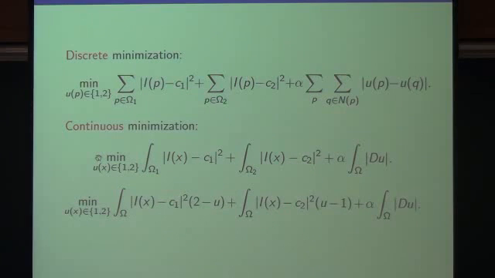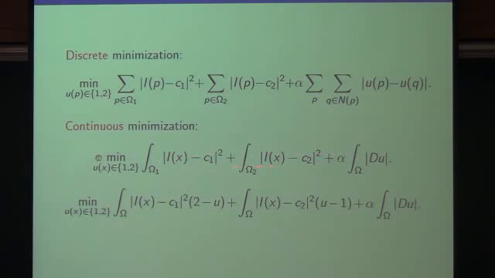There's one thing I want to point out. Here is the minimum cut problem. If we think of this as a discretization of a continuous problem, this will be the corresponding continuous problem, if you think of this as a finite difference discretization.